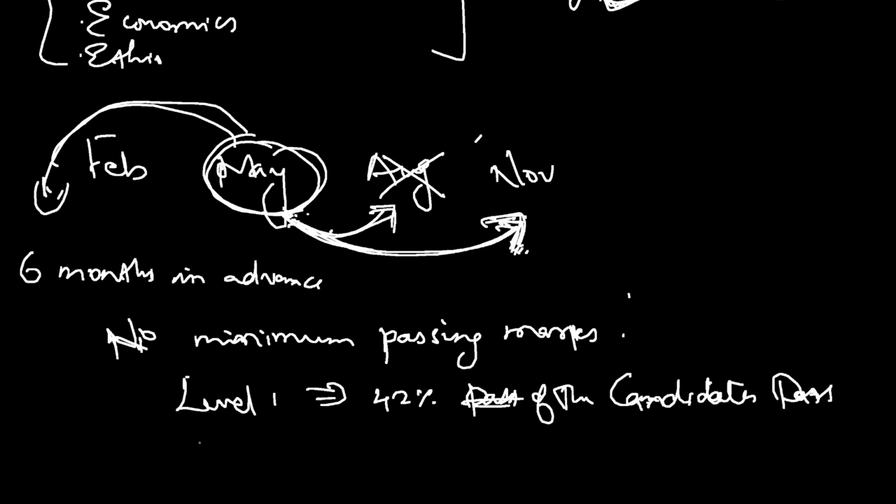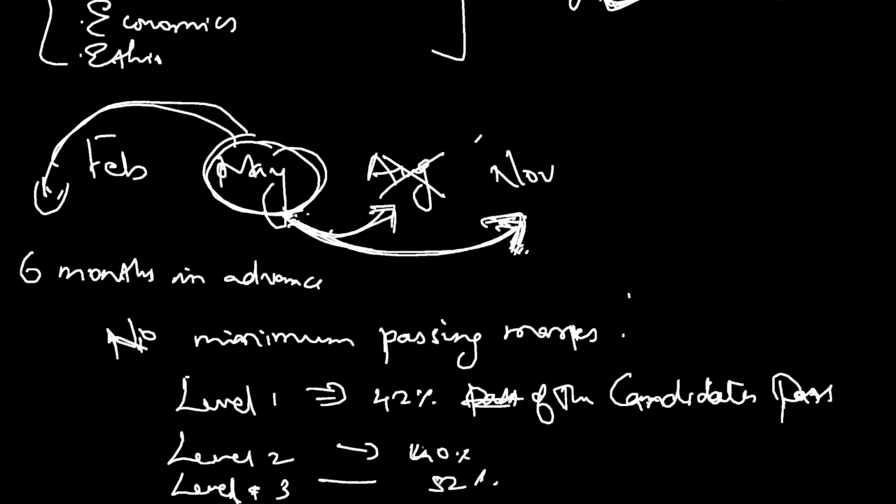For level 2, around 40 percentage. Okay, and for level 3, around 52 percentage of people pass. So this is the number of candidates who are passing, right?